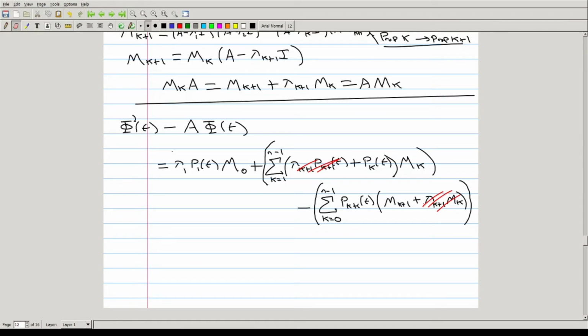It's also important to point out that the 0th term in this sum, so these terms cancel for k greater than 1, and at the 0th term in this sum, this term cancels with this right here.